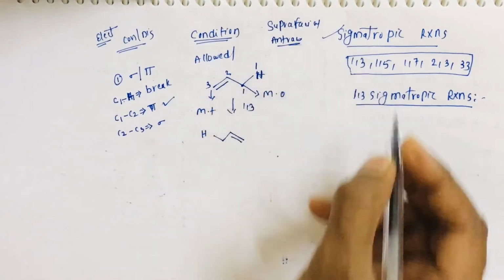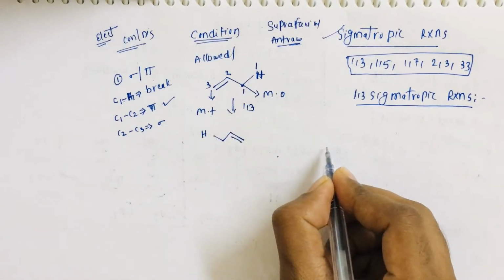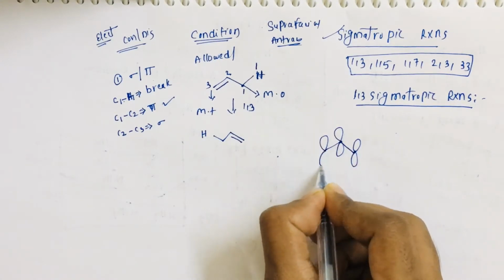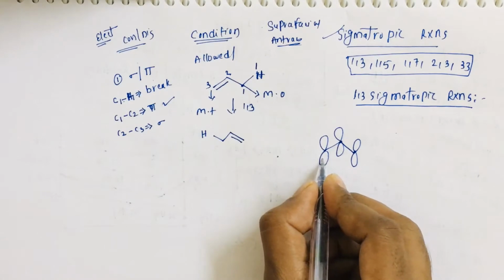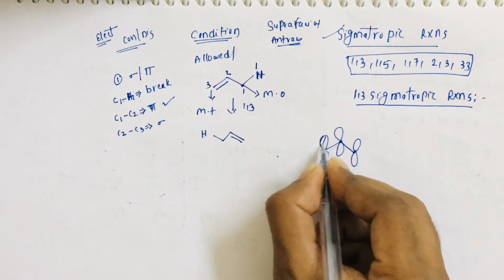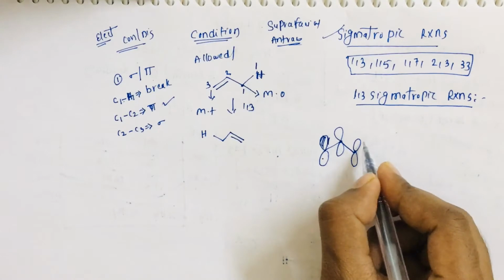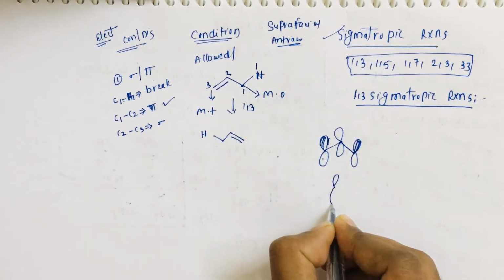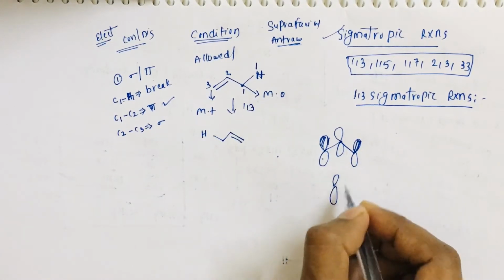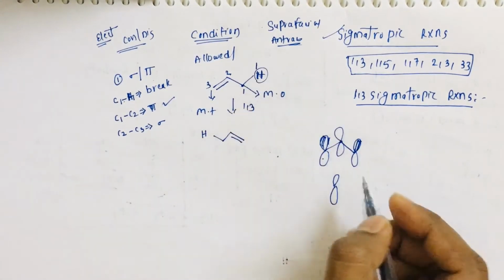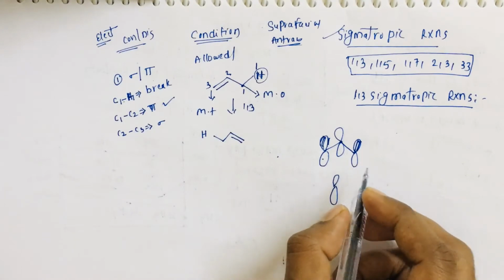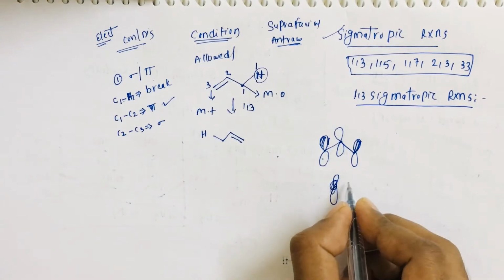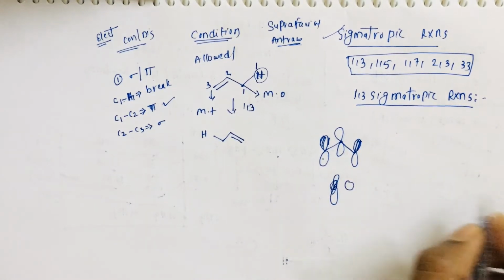We'll see now. Suprafacial means when we have an allylic system like this. Imagine that this is the filled lobe, and this is also filled, and this is the empty lobe. Now we take a hydrogen like this, because hydrogen is an s orbital.